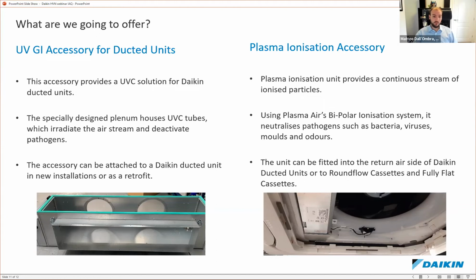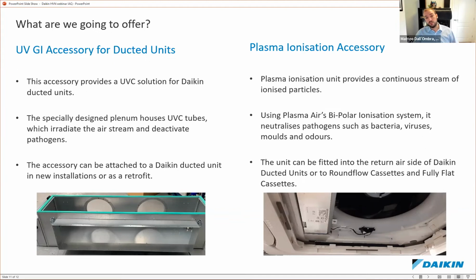And so by having created this partnership, essentially we can provide all of the bits and pieces needed for the kit, so that if you want to deploy it on our ducted units, it's really a plug and play solution. It's just a case of mounting a plenum on the supply side of the ducted unit that will house all the components needed for the UVC treatment, add power supply, and you're in business, you're ready to go.